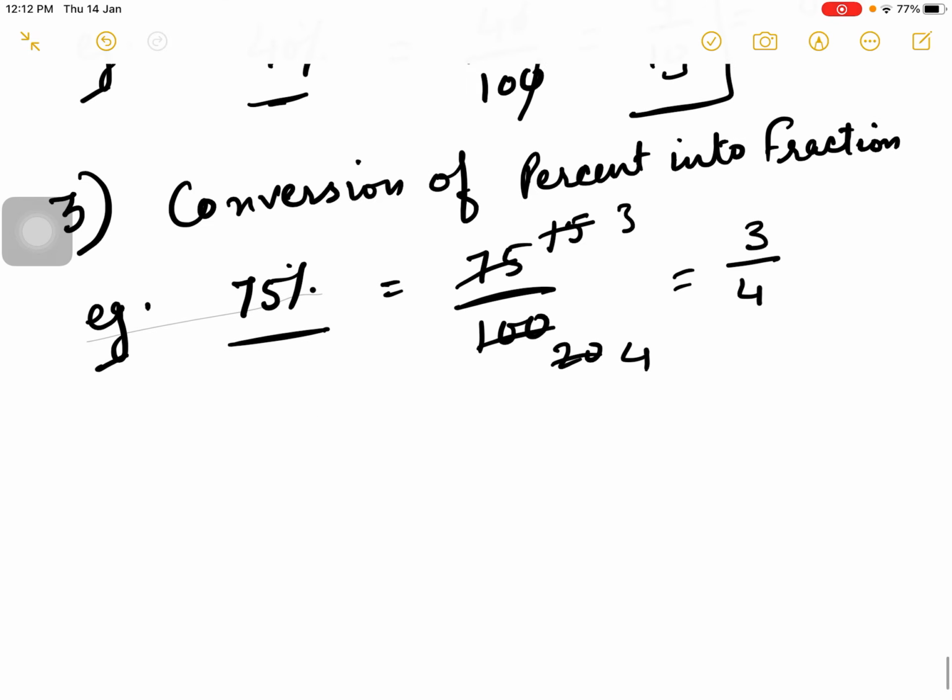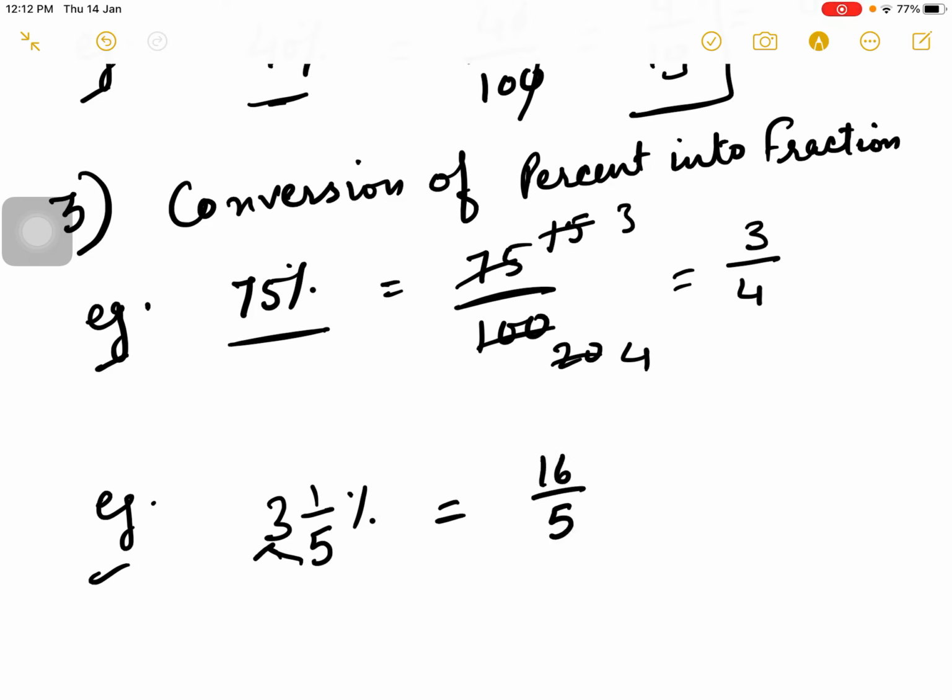Okay, one more example. 3 1 upon 5%. First of all, convert it into an improper fraction. So 5 3s are 15 plus 1, 16 upon 5%. But we have to remove the percentage sign. So what will we do? We will divide it by 100. 16 upon 5 into 100.